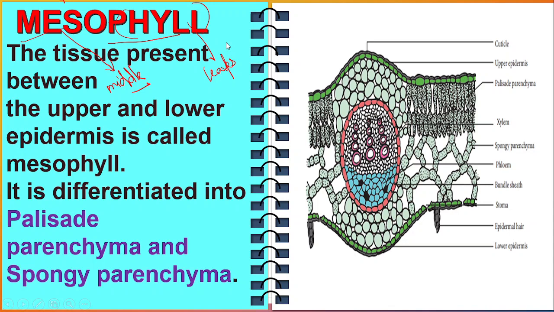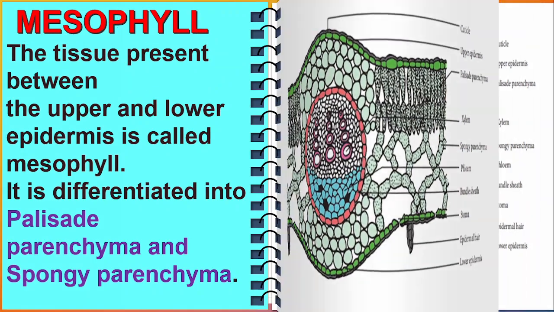So, it is present between the upper and lower epidermis. The ground tissue of a leaf is also known as mesophyll. It is differentiated into palisade parenchyma and spongy parenchyma. Both of them together are called mesophyll.